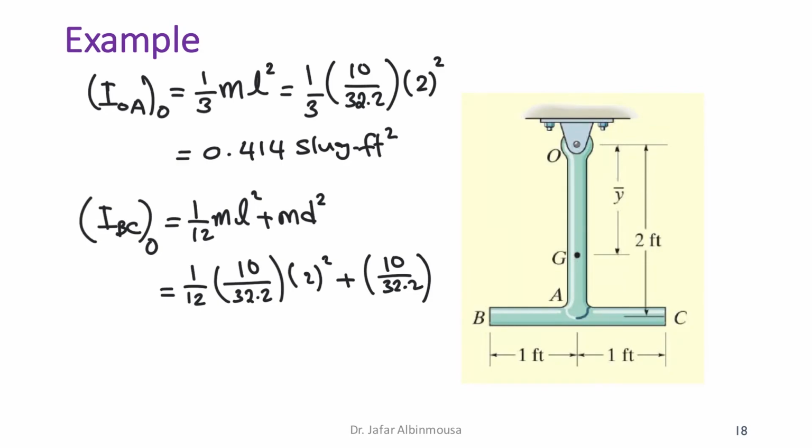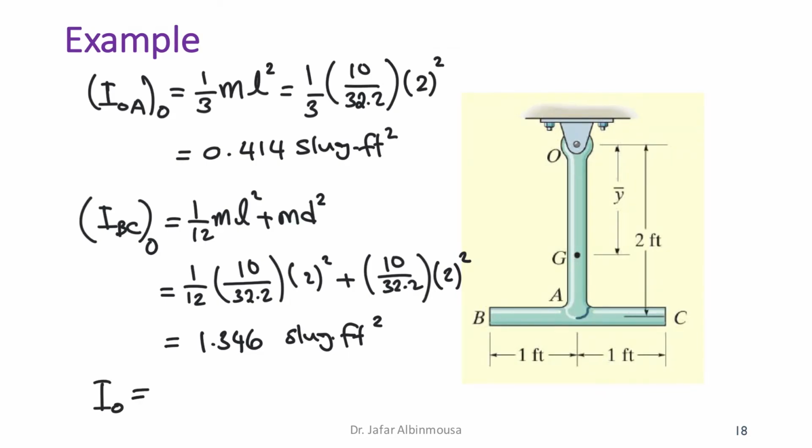Now d is the distance from the center of gravity of the body to the center of the rotation, which is O, which is clearly 2 feet. So I will have to add 2 squared. Now I will get 1.346 slug feet squared.